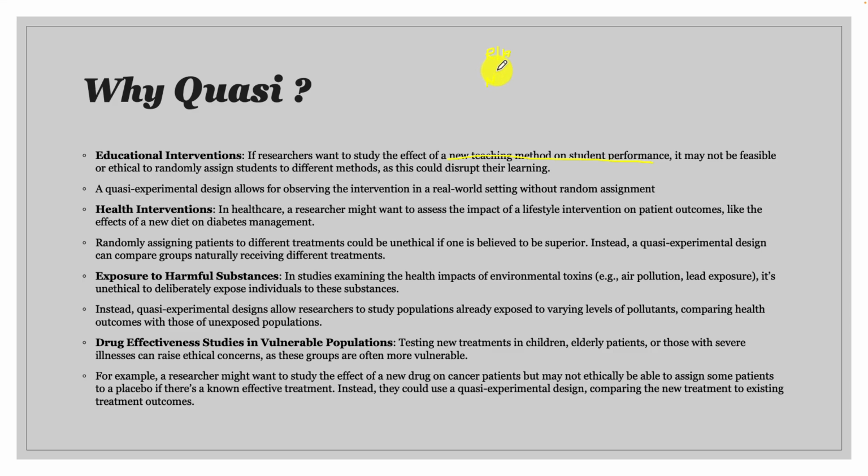And let's say we want to see if this new teaching method increases scores in both groups. Well, is this new teaching method more for normally functioning students? Are they going to get a better experience out of that? Or maybe the people in remedial, maybe that's more directed towards them.